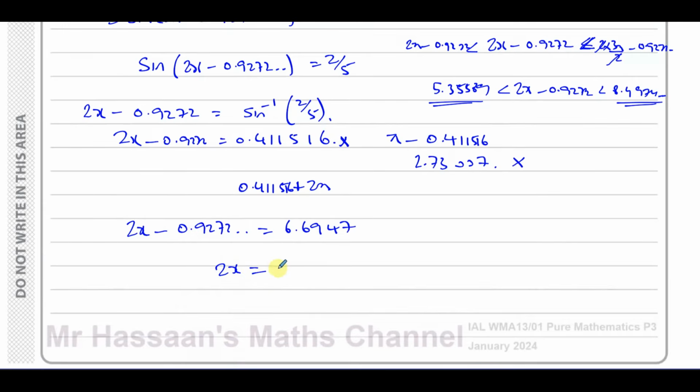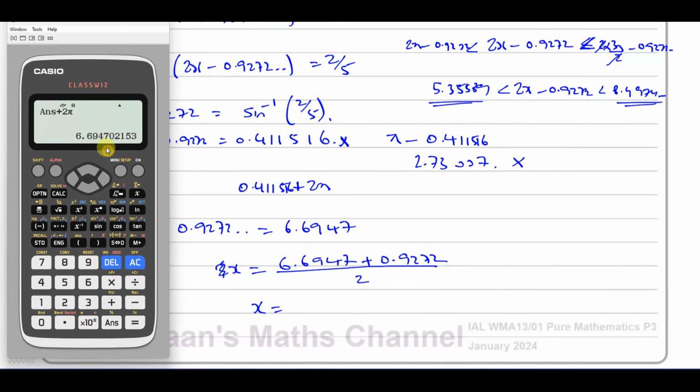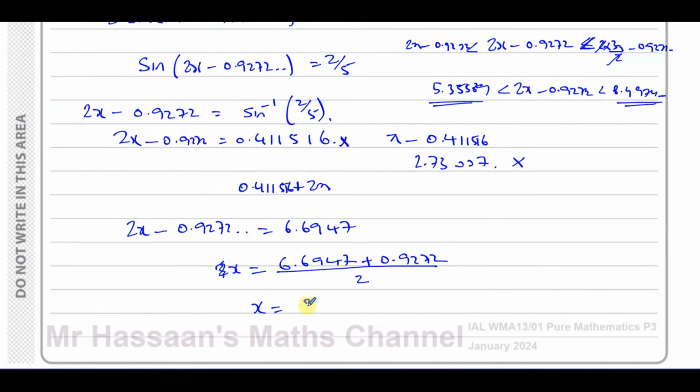So 2x is going to be 6.6947 plus 0.9272, and then divided by 2. And that will give me my value of the angle x. That gives me 3.81095.